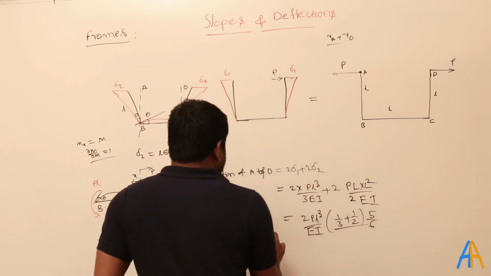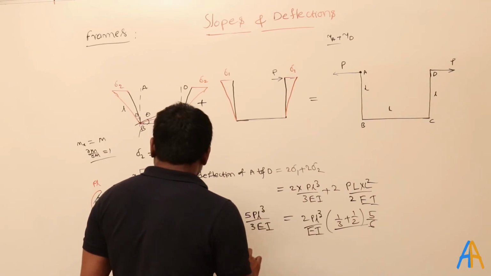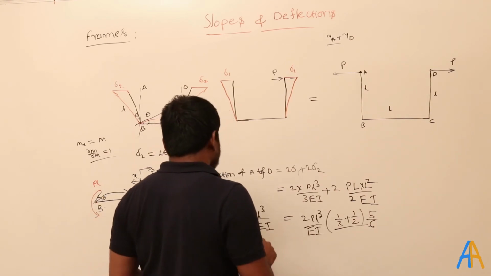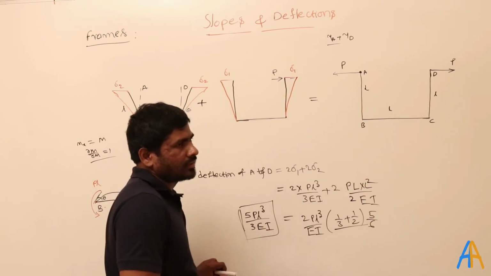Then finally, the 2 will get cancelled, and the value is 5PL cube divided by 3EI. This is the total value of this. This is how we can find it out in the examination.